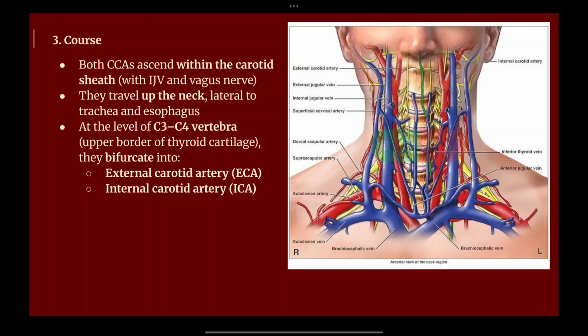At the level of C3 and C4, that is cervical vertebrae 3 and cervical vertebrae 4, there is a bifurcation into the external and internal carotid artery for both the right and left arteries. In the right common carotid artery, you see the bifurcation at the upper border of the thyroid cartilage.